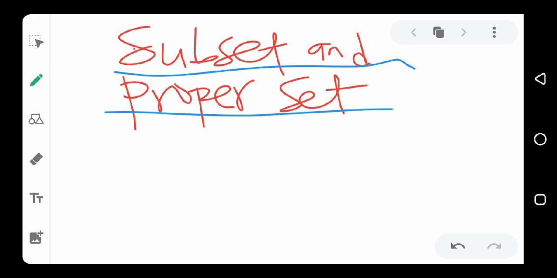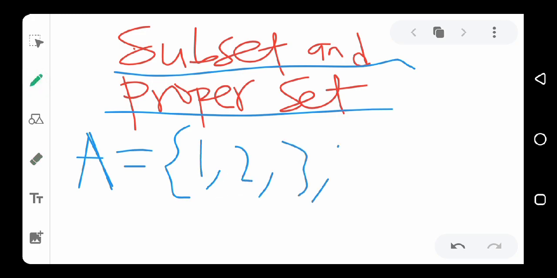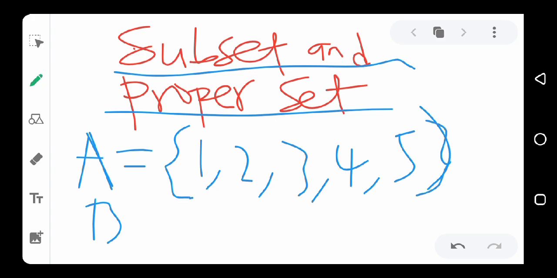Okay, let's give some examples. Assuming we have A equal to 1, 2, 3, 4, 5, and B equal to 2, 4.